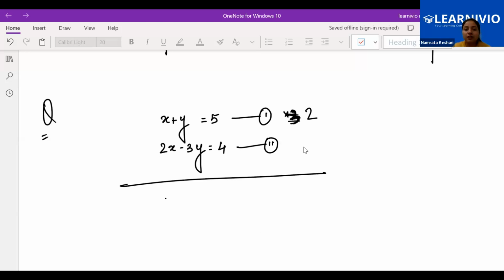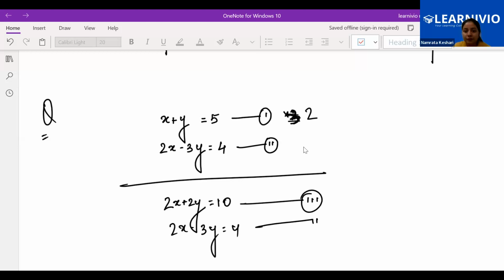We can multiply equation 1 by 2. So equation 1 will become, Harshit, can you please tell me? 2x plus 2y is equal to 10. Perfect. And equation 2 is as it is, twice x minus 3y is equals to 4. Now we just need to add or subtract. Ma'am, subtract.